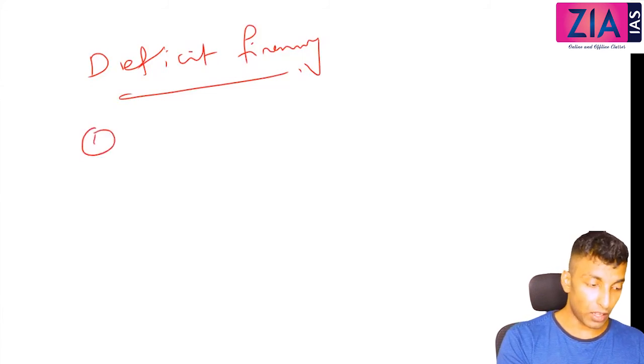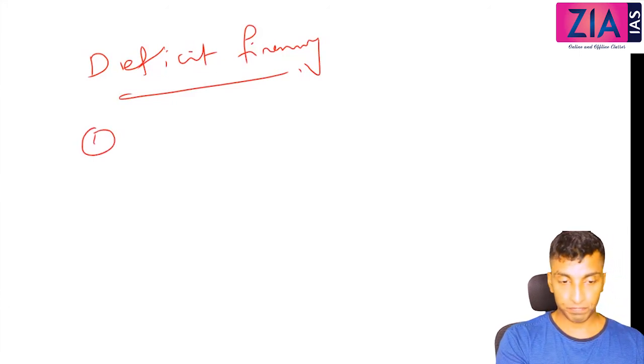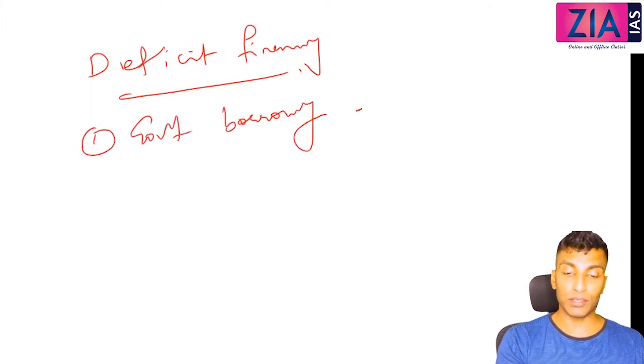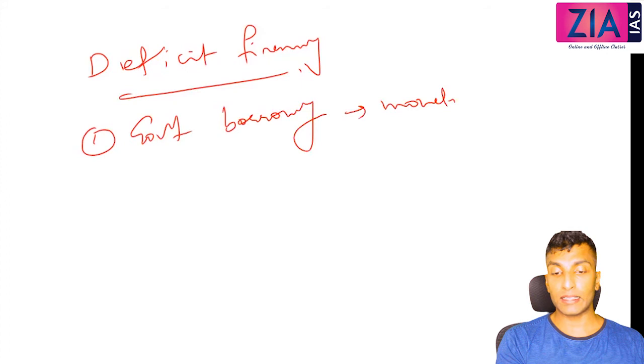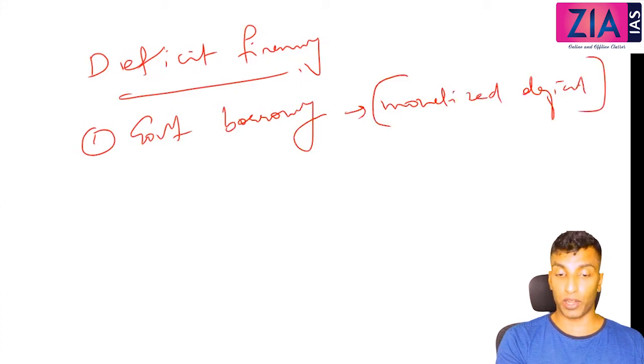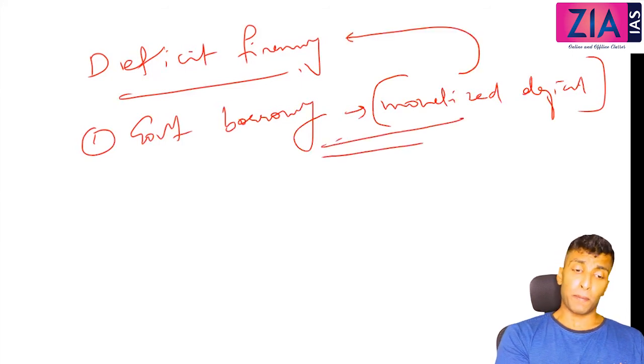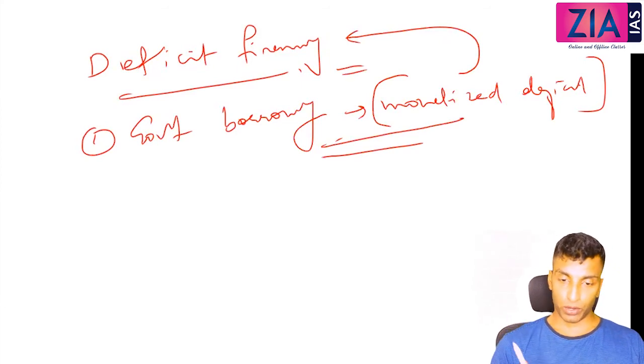First one, government borrowings from RBI. What is this? This is monetized deficit. So which one is broader? Deficit financing is broader, and monetized deficit is actually part of deficit financing. But the second and third are not significant. So actually deficit financing is equal to government borrowing, or the monetized deficit.